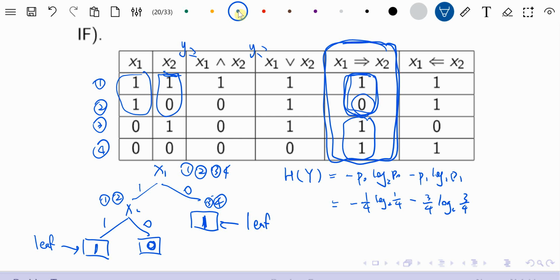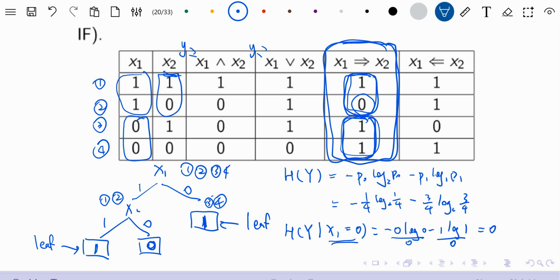So that's our H(y), and H(y given x1 equal to 0) should be as follows. Given the ones that have x1 being 0, there are only these two. So the probability of it being 0 is 0, so minus 0 log 0 minus 1 log 1. This is 0, this is 0, so that's 0.